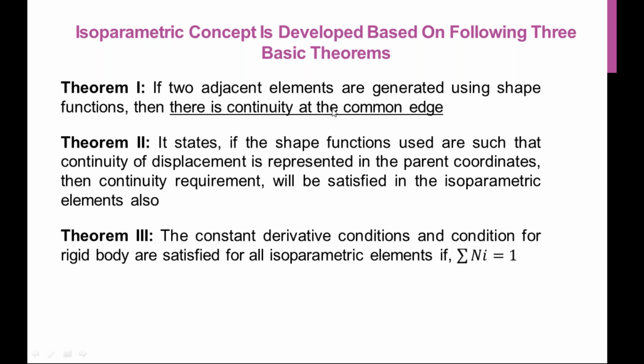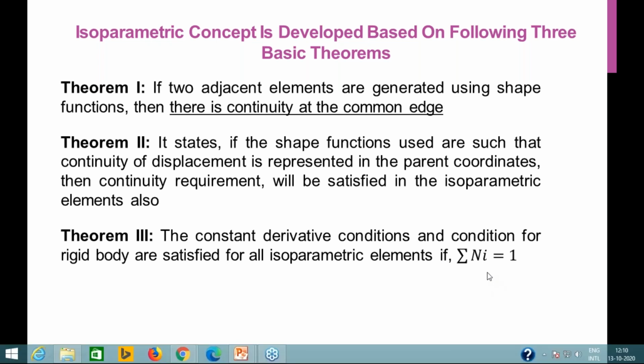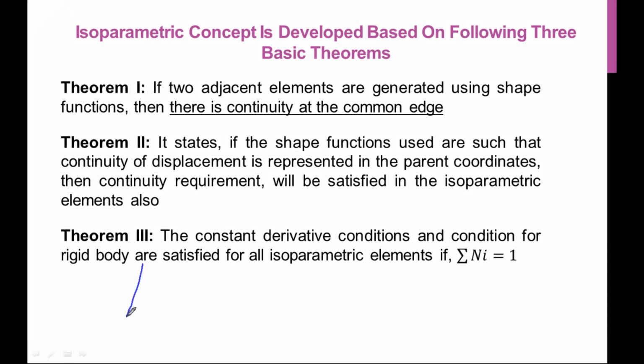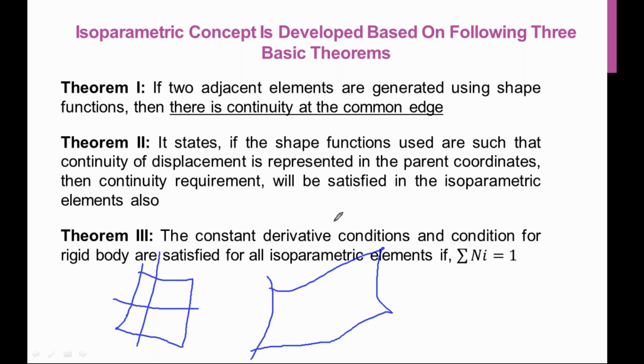First theorem: if two adjacent elements are generated using the shape function, then there is continuity at the common edge. See, the isoparametric element you have to derive from your simple element. This one is your simple element and you have to derive the isoparametric element that has curved sides and whose angle is not restricted to 90 degrees.